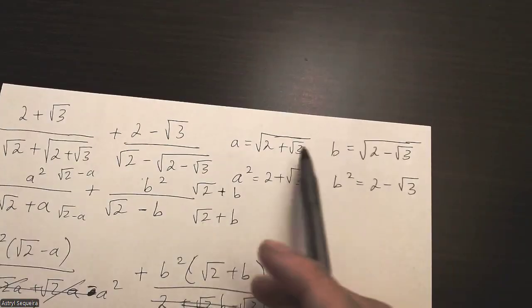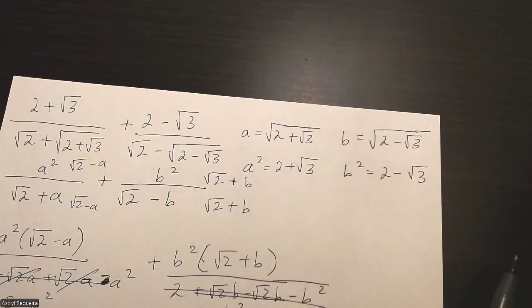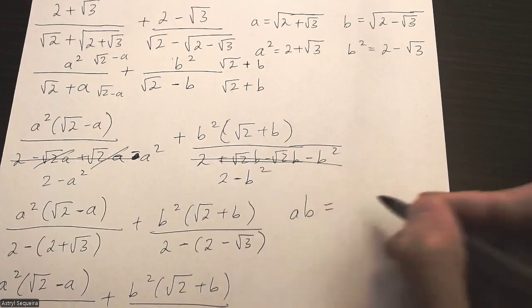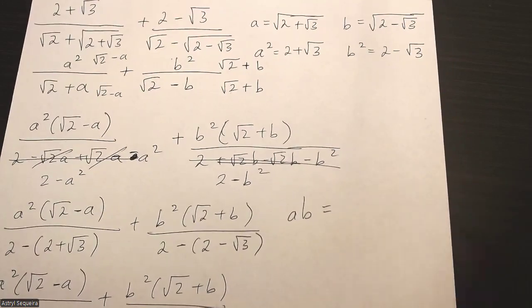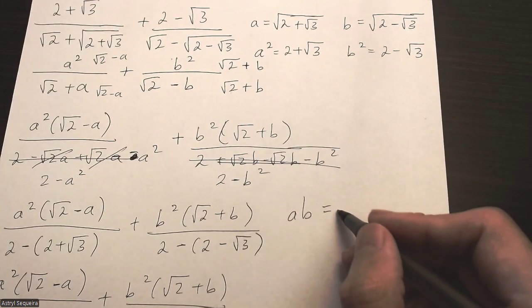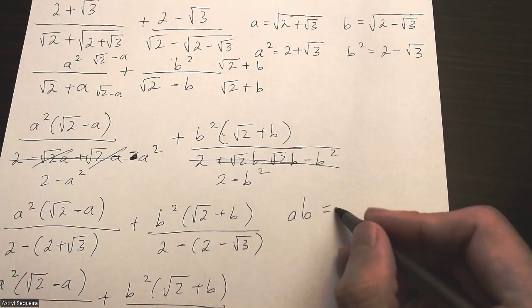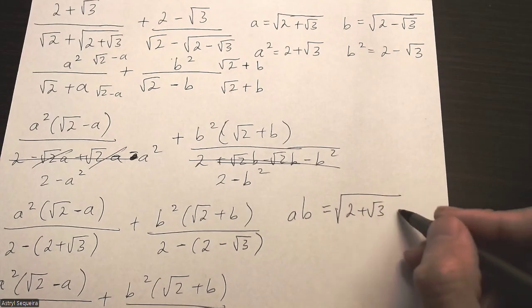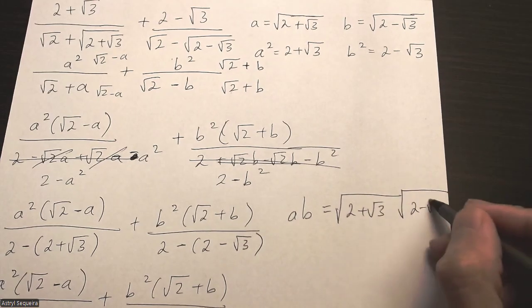So ab is just simply a times b. So let's do that over here. ab equals root of 2 plus root 3 times root of 2 minus root 3.